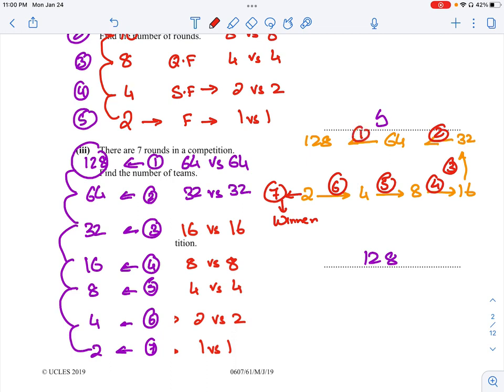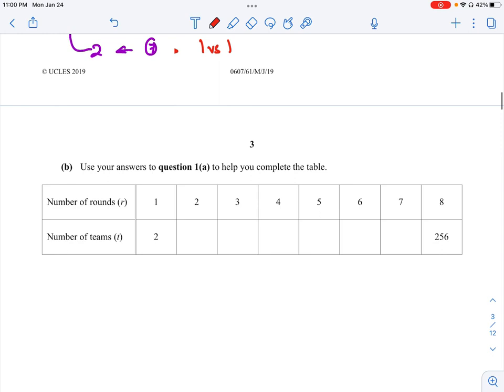So therefore 128. We can see that it is 2 power 2, 2 power 3, 2 power 4, 2 power 5, 2 power 6, 2 power 7. But we are not supposed to write the 2 powers, so erase them and write it as 4, 8, 16, 32, 64, 128.